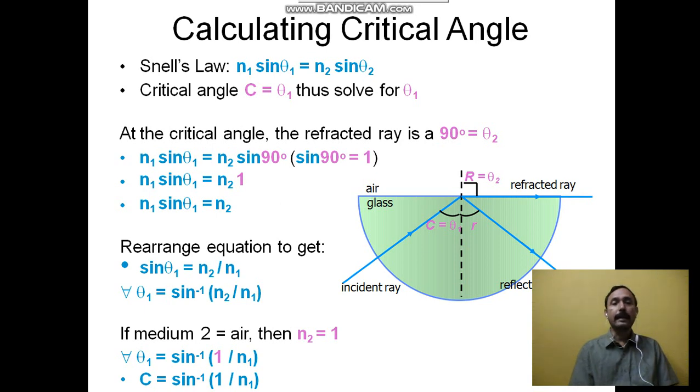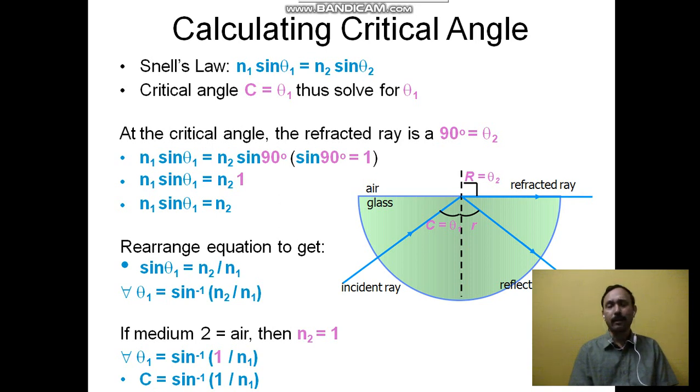So at the critical angle, sine theta 1 is equal to N2 by N1, and theta 1 is equal to sine inverse of N2 by N1. N2 is the refractive index of the rarer medium and N1 is the refractive index of the denser medium.